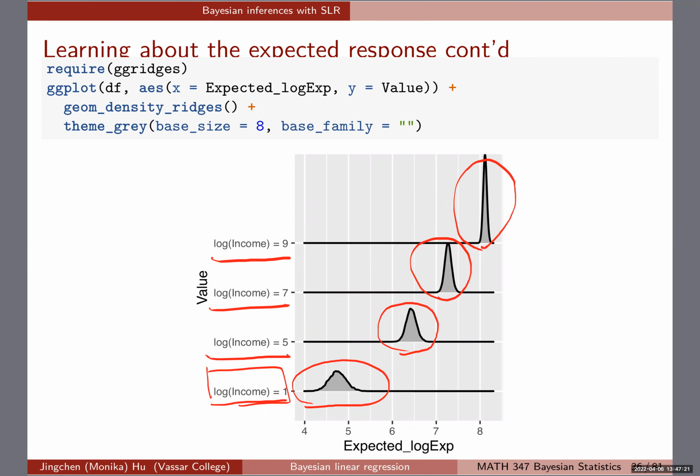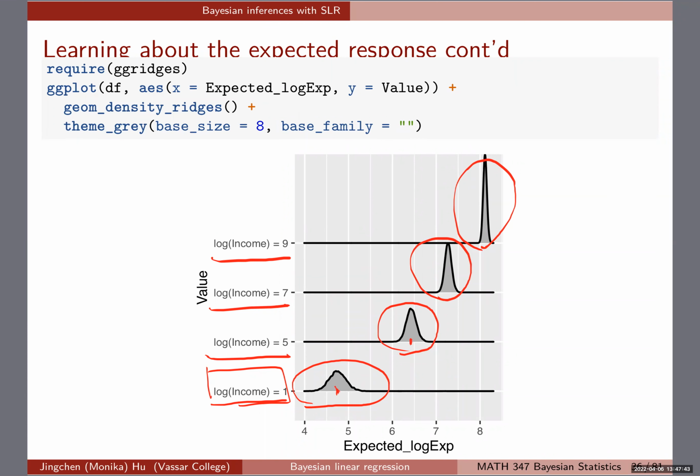I guess the most obvious general trend, I would say, is that as X increases, say from 1 to 5 to 7 to 9, we're seeing an increase of the expected outcome as well. Because if you can see here, I don't know the value exactly, but it's close to 5 at the mean roughly.